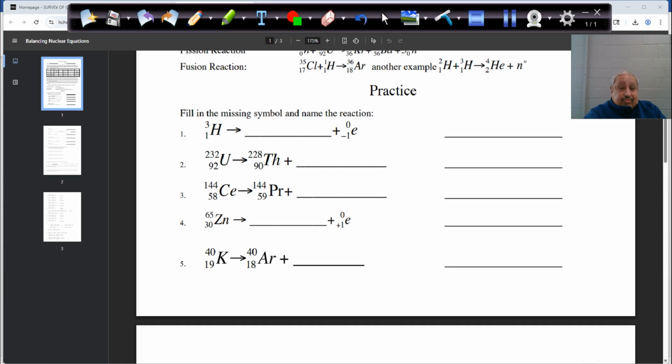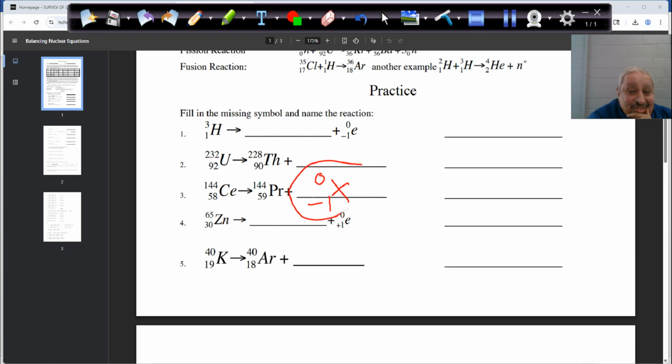So, number 3, what will be here? X. What's the atomic mass in the top? 0. Correct. Perfect. What's the atomic number on the right side? How much is it? -1.